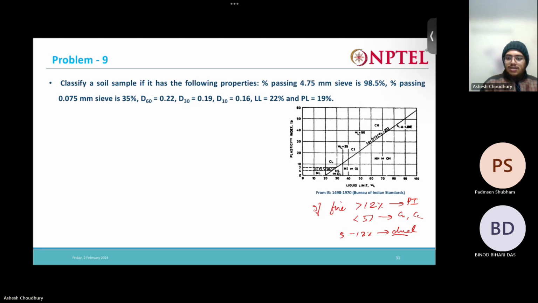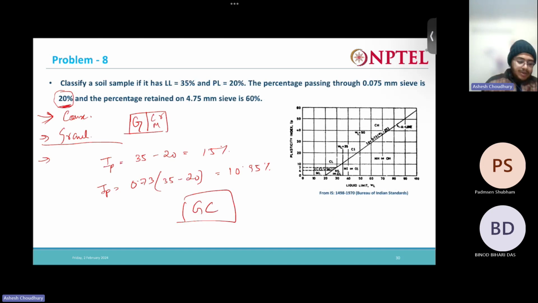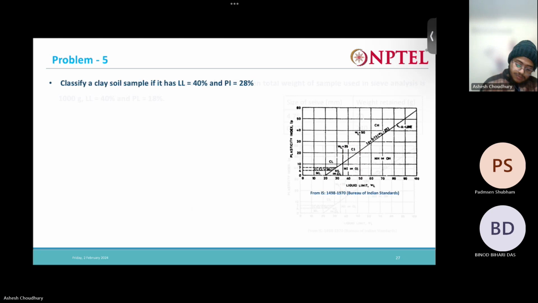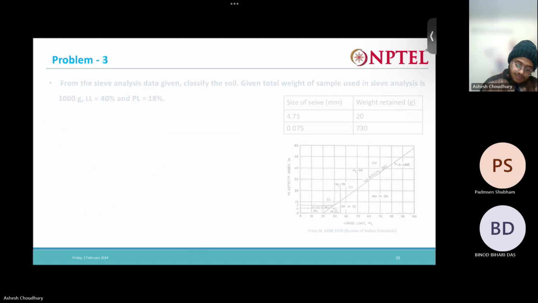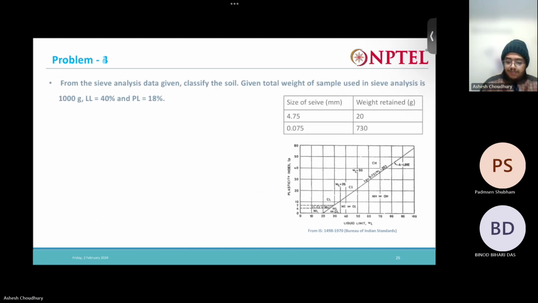In the previous problem, 20% was the fine fraction. That's why we determined the plasticity index to call C or M. For this soil, the fine fraction is less than 5%, so that's why we are finding Cu and Cc.